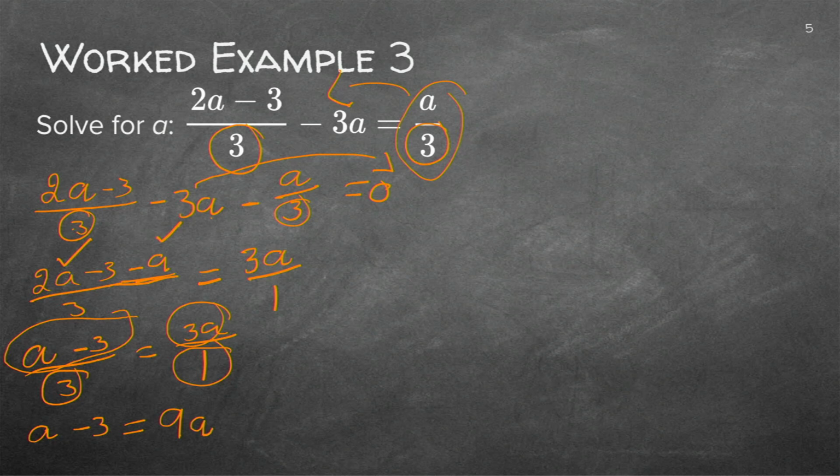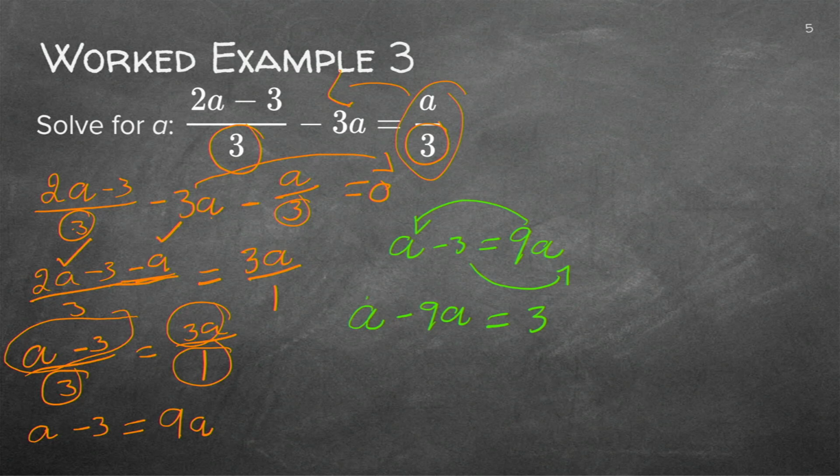And now let me just write it in a different pen so that it's not messy here. So you have a minus 3 equals 9a. And grouping like terms, you bring 9a to the other side and take 3 to the other side. So you find yourself with a minus 9a equals positive 3. And what is a minus 9a?